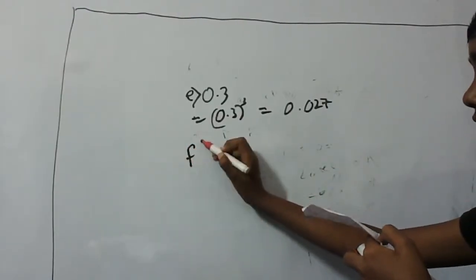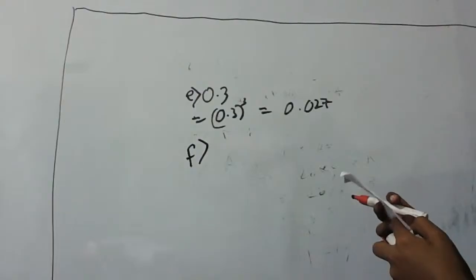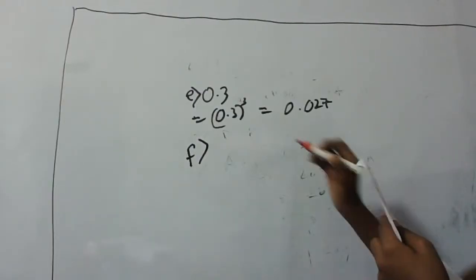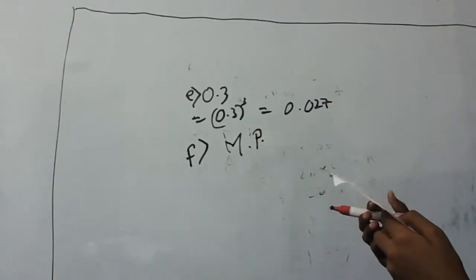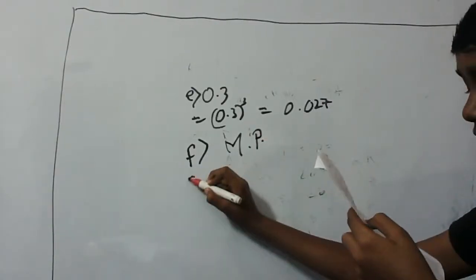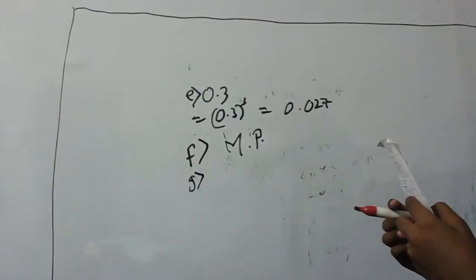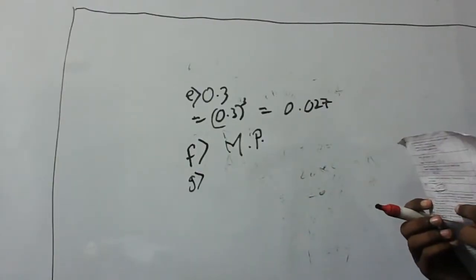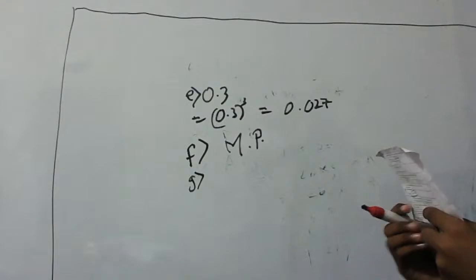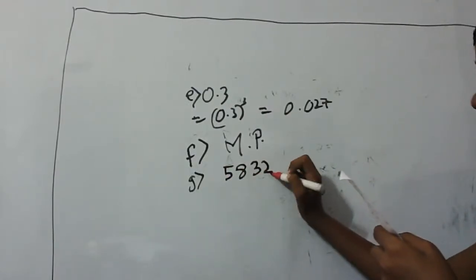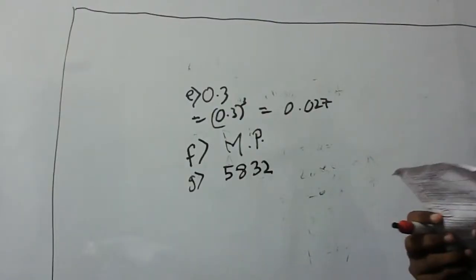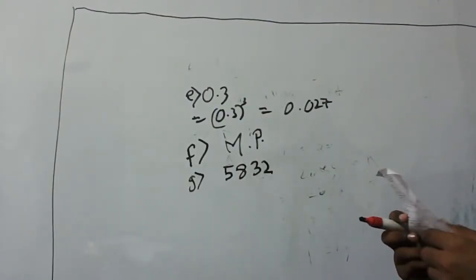Next, F. The price marked on an article is called mark price, MP. G. Which of the following is a perfect cube of positive numbers? Answer will be 5832 because we have solved it in a question.